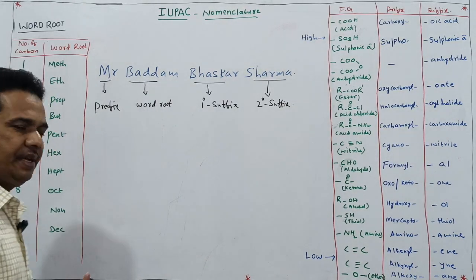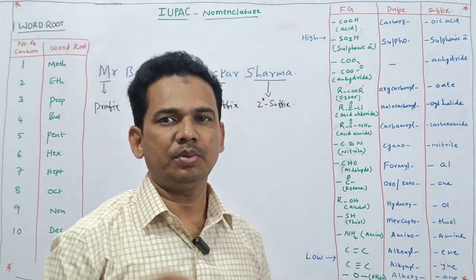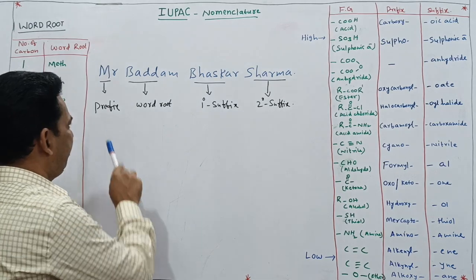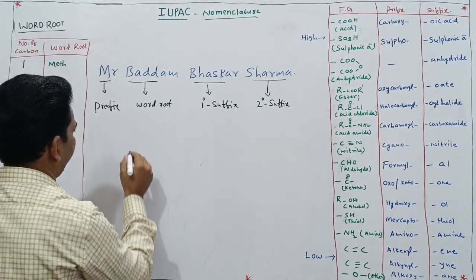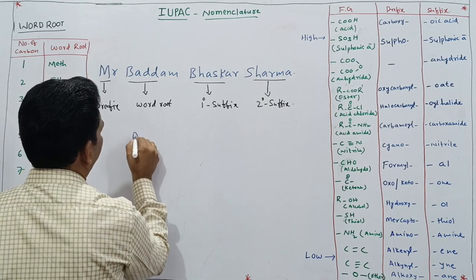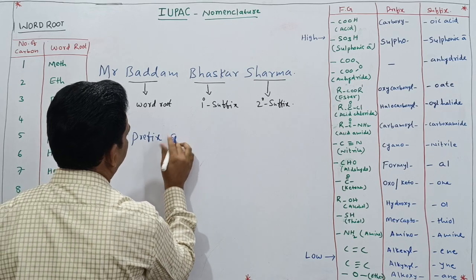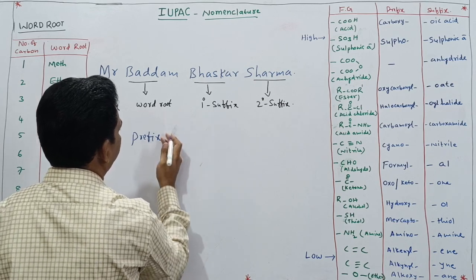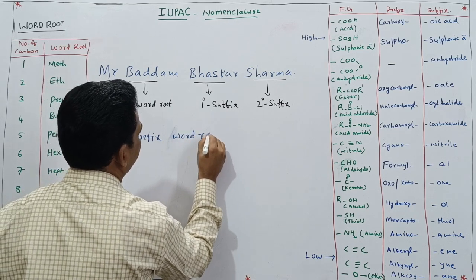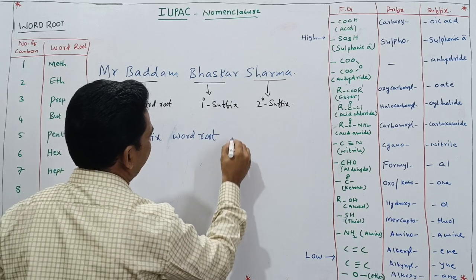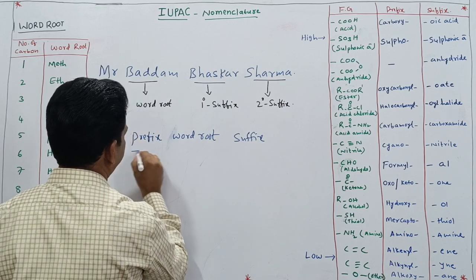It means the IUPAC name is the composition of the prefix, word root and suffix. If you want to write, first the prefix will come, followed by the word root, which is followed by the suffix.